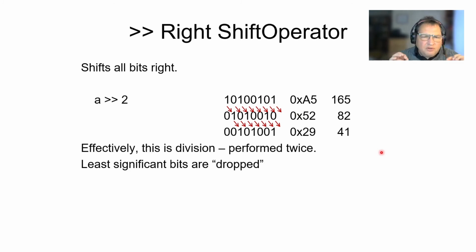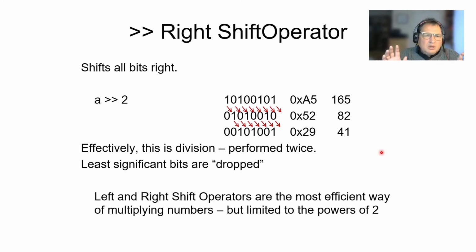Effectively, this is division. Again, performed twice. So you can divide numbers by 2, by 4, by 8, and so on, very, very quickly, but also least significant bits will be dropped. Left and right shift operators are the most efficient way of multiplying numbers, but limited to the powers of 2.